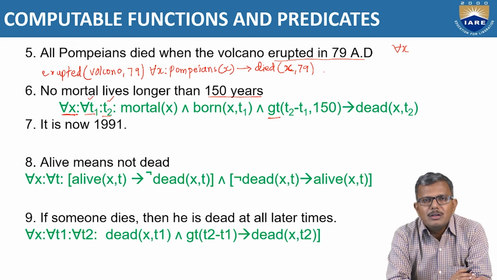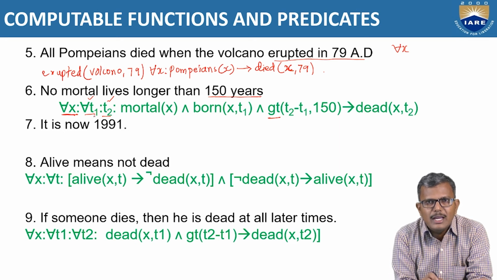Very simple. If I want to know how many years a particular person was alive, then I need two years: the born year and the death year. I will find the difference between them, subtracting the birth year from the death year, and I will get some value. That value represents the number of years the man has lived.